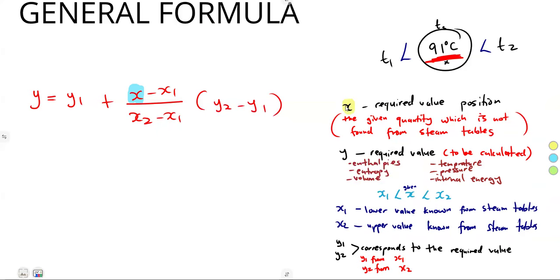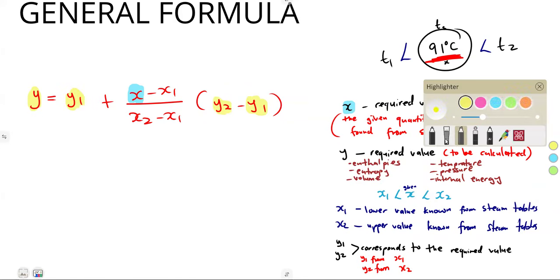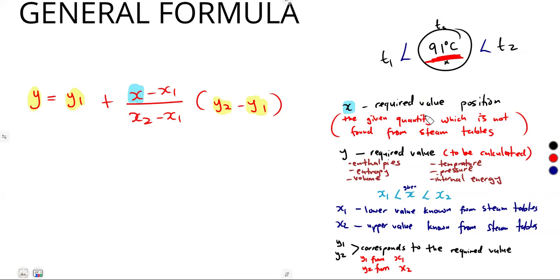That is the most important thing, this X that we had here. Then what is required? Y here corresponds to Y1, it corresponds to Y2. That is what matters.